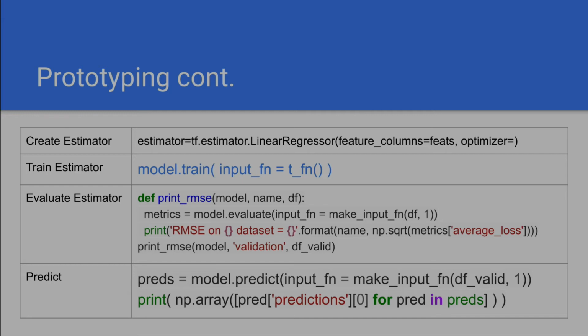And to train your estimator, you call model.train, or estimator.train in this case, and you specify your input function. Now, once you're done training a model, what's the point of a model without model evaluation? So you can go ahead and evaluate your model using the snippet on the screen, and then you can go ahead and run prediction again using the code on the screen.